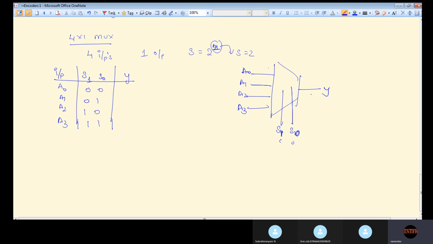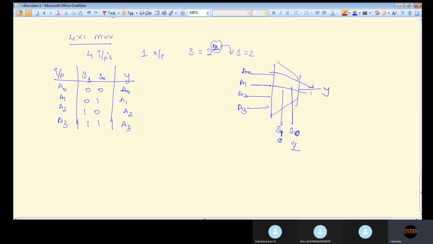The signal A0 will be given to Y. For the combination 0 1, A1 signal will reach Y. Similarly, 1 0 gives A2, and 1 1 gives A3 as your output.